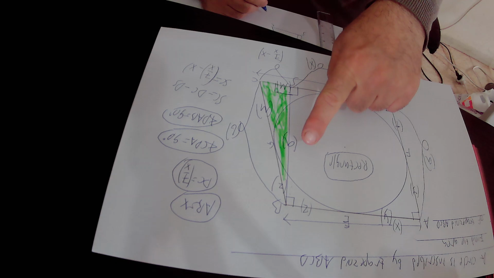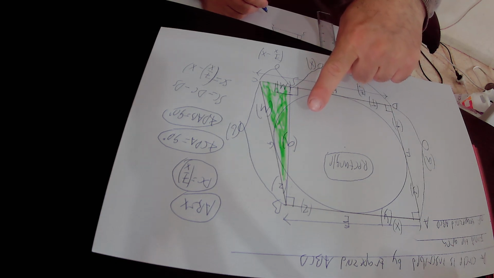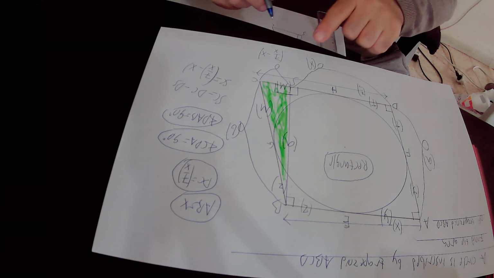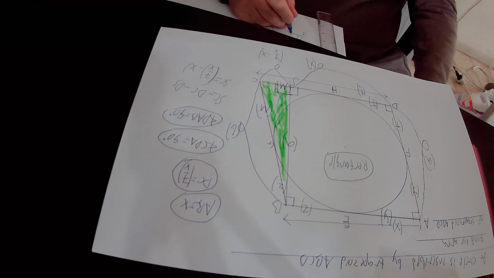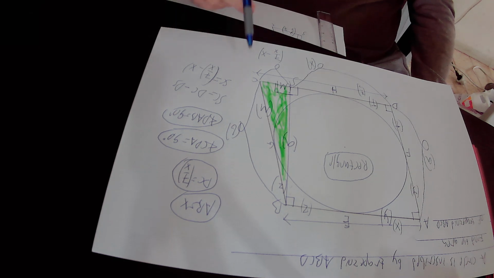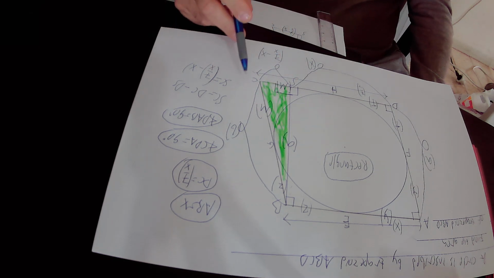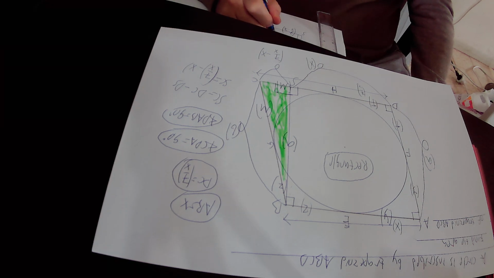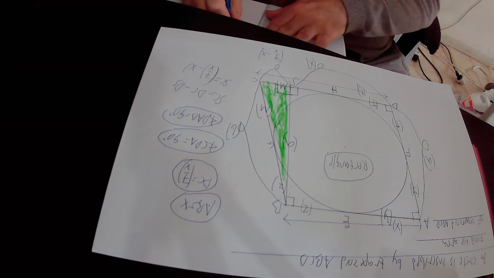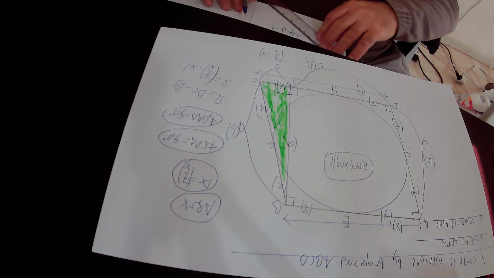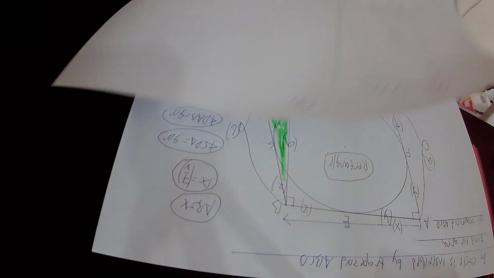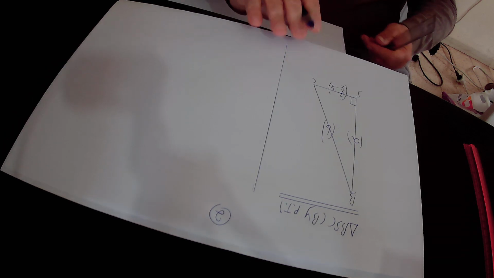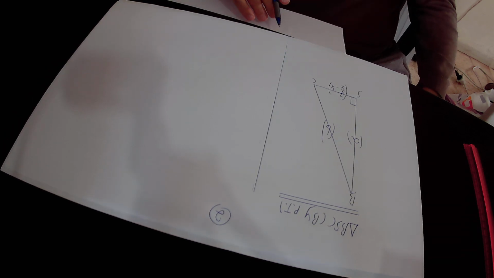We have already found out that side BS of the green right triangle BSC equals A. We just now found out that side SC equals 7 over X minus X. And the hypotenuse BC equals B. So this is the right triangle BSC that I copied from the original drawing.